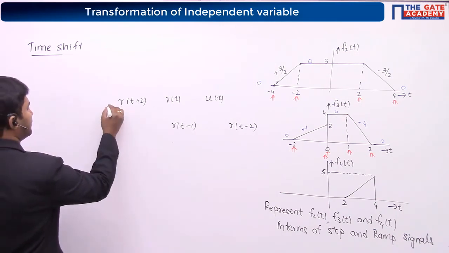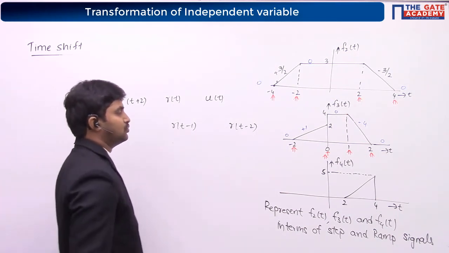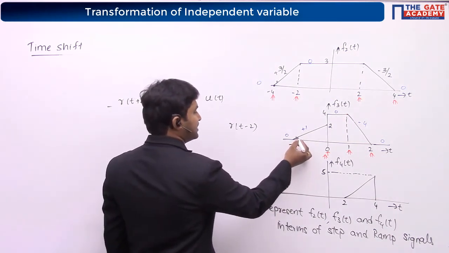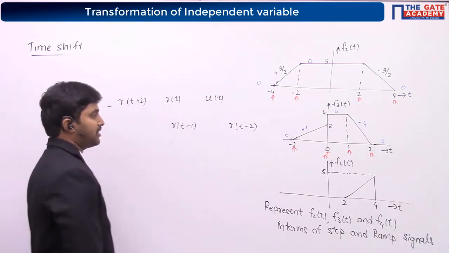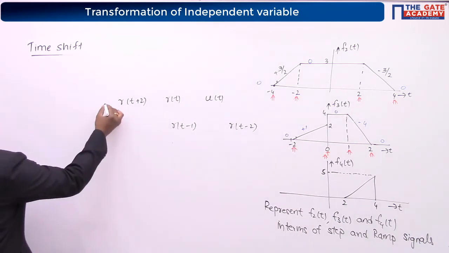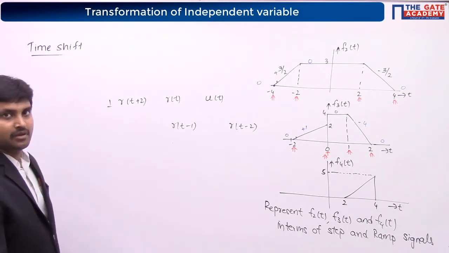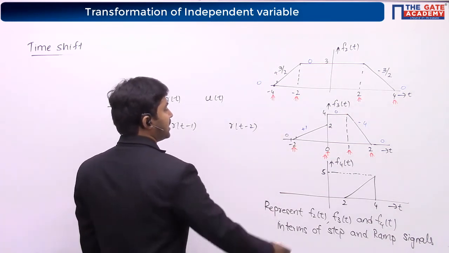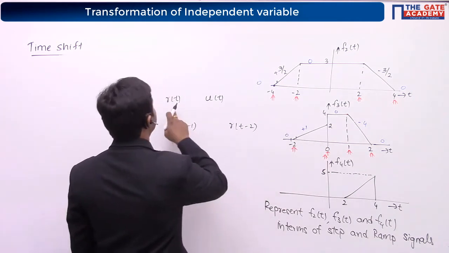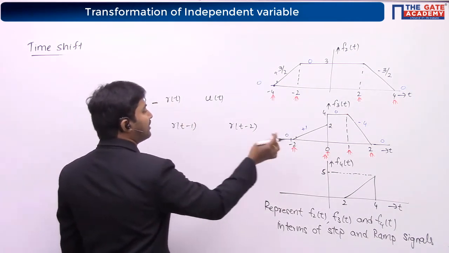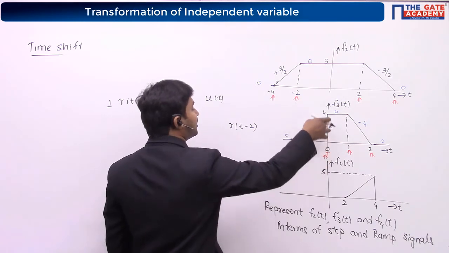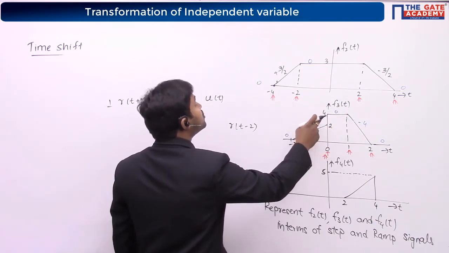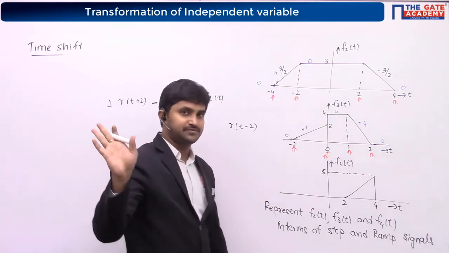Now first one, at t is equal to -2. Final slope minus initial slope. 1 minus 0, it is 1. At t is equal to 0, first we are having a ramp. So whenever we are talking about a ramp, we should only look at the slopes, not the amplitudes.